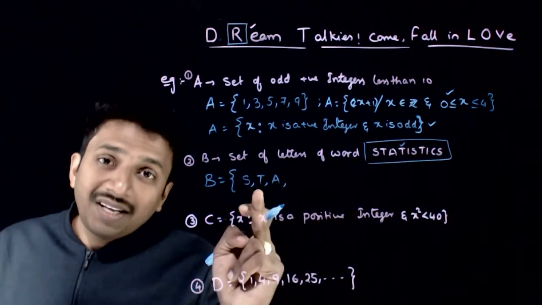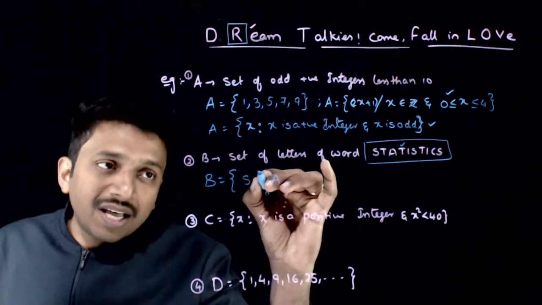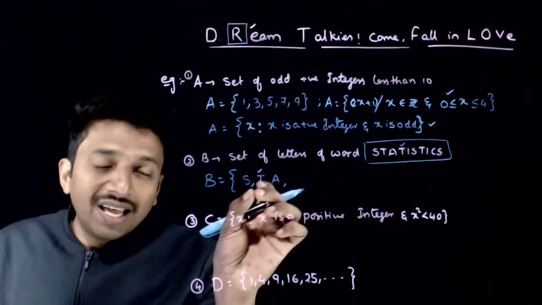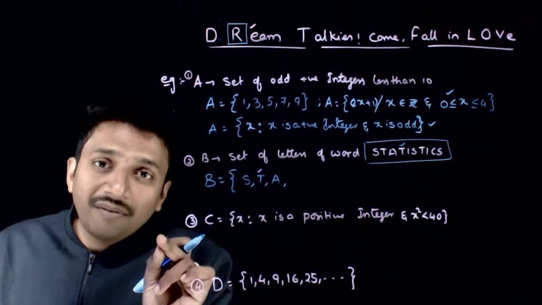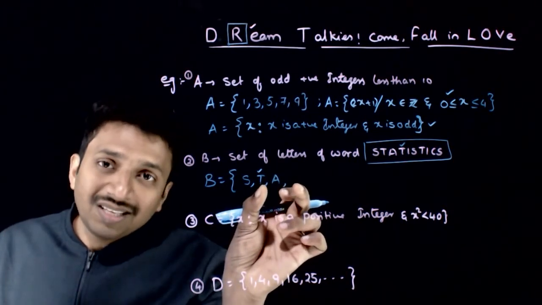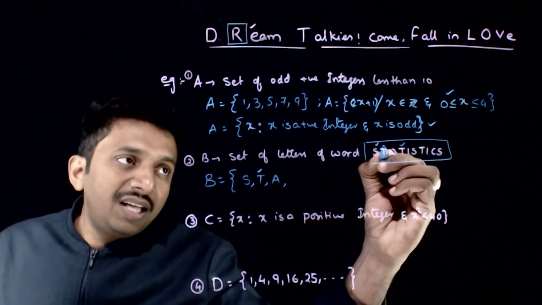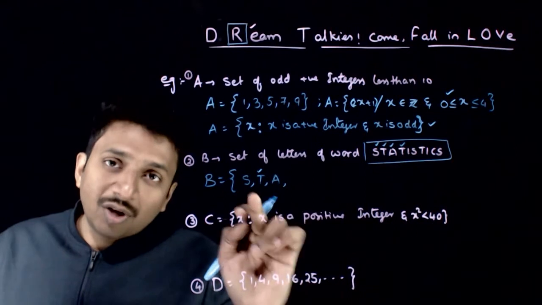So you cannot write T again here, because once you write the roster form, the elements cannot be repeated, because the elements of a set have to be well defined and well distinguished. So I cannot write a second T, then these two T's will not be well distinguishable. So S, T, A, so this T has already been listed.